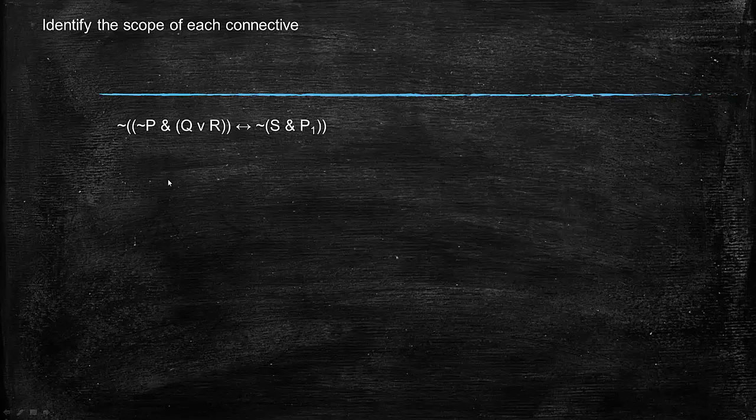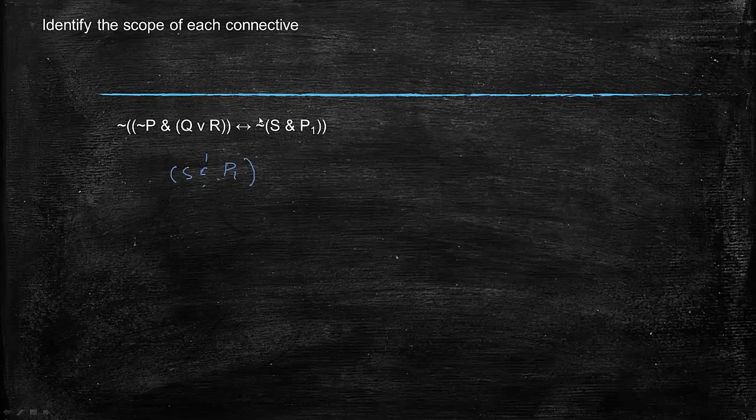All right, what's the smallest formula, the smallest subformula that contains "and"? Well, that would be S and P1, right? So that is the S and P1 is the scope of "and".